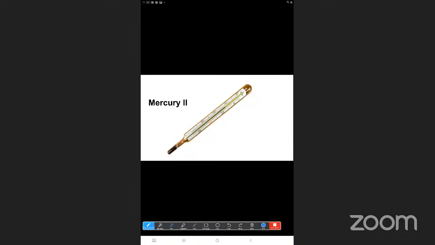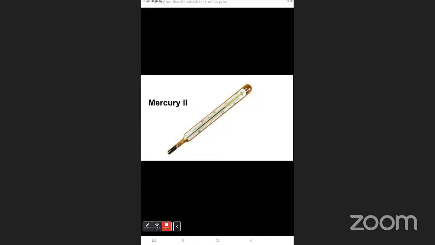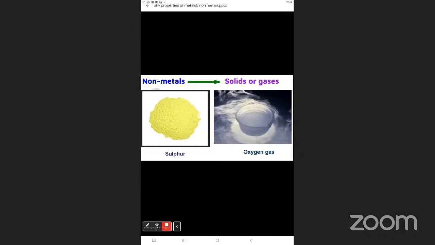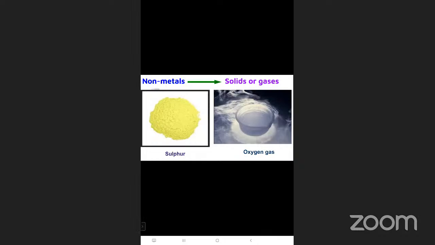Then what about the non-metals? You can observe non-metals. Generally they are solids or gases. You can observe sulfur, oxygen gas.